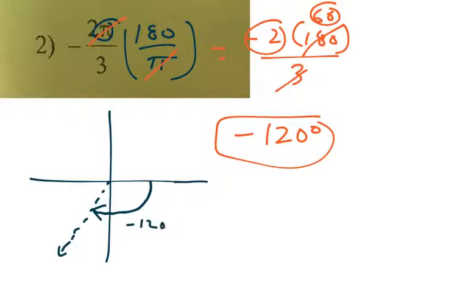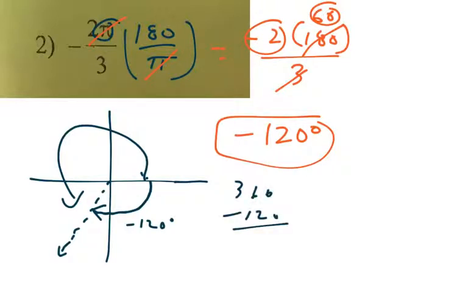This is my negative 120 degree. Also, if you think about it this way, I could have done 360 minus 120 and know going in the positive way, you would get a positive 240 degrees. So 240 is equivalent, you see, to negative 120.